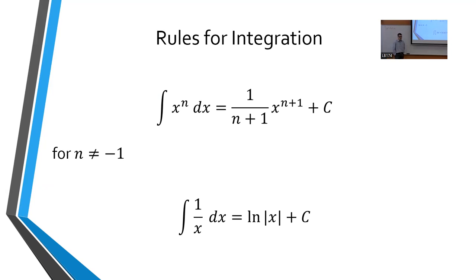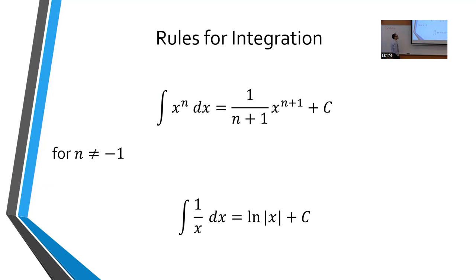So x to the fourth became x to the fifth. And then divide the coefficient by the new exponent. And then obviously we always have to tack on that plus c.